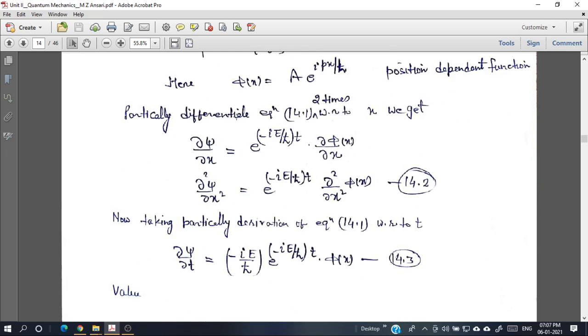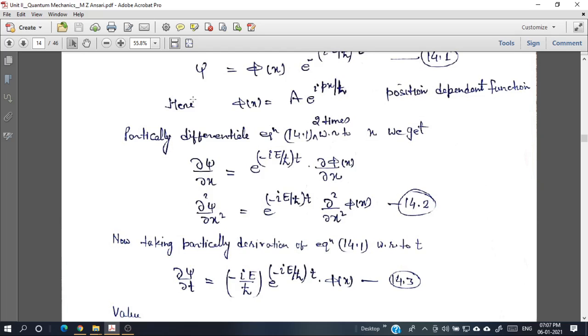So now we take the partial derivative of this equation with respect to x. So del psi upon del x is e to the power minus i E t upon h cross into del phi(x) upon del x. Remember, there is no position dependent term in the exponential, that's why it behaves like a constant.